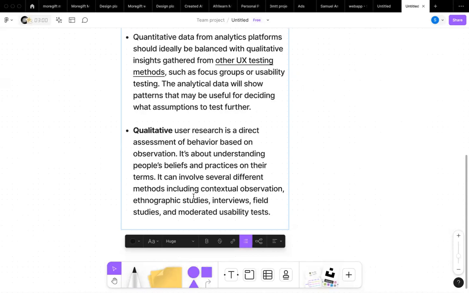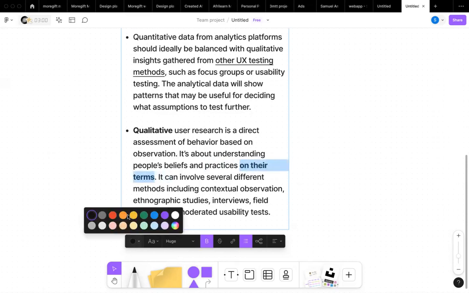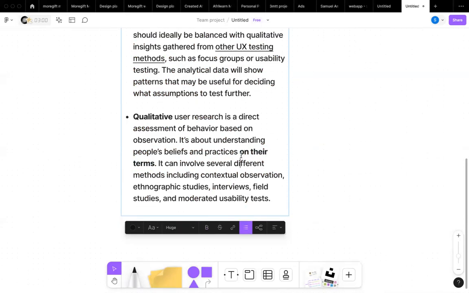It's about understanding people's beliefs and practices on their terms. Very, very critical: on their terms.